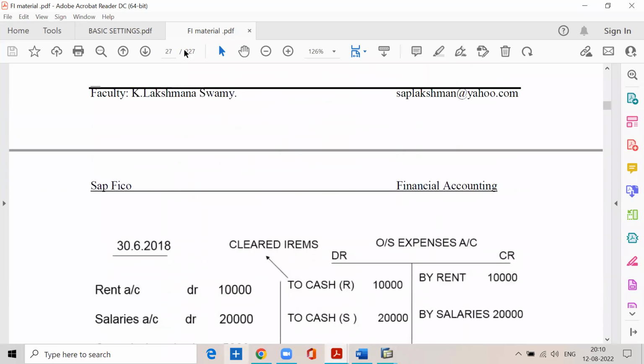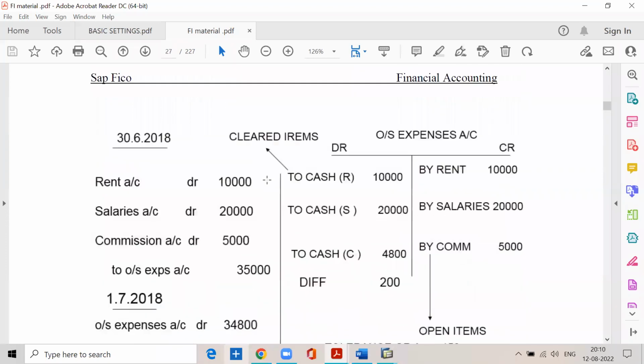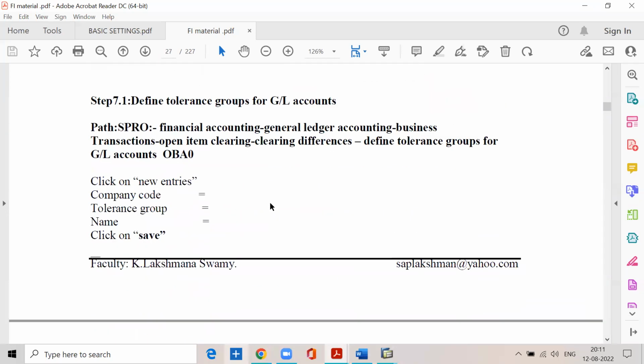After taking the printout of this material, get it spiral bound. While taking the printout, ask your Xerox shop person to give the numbering. They enter some setting while printing, then the system will go on giving the number for every page.